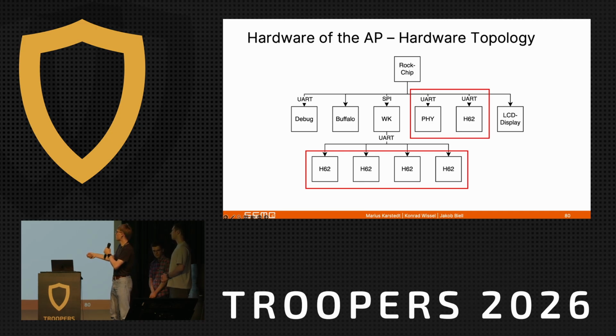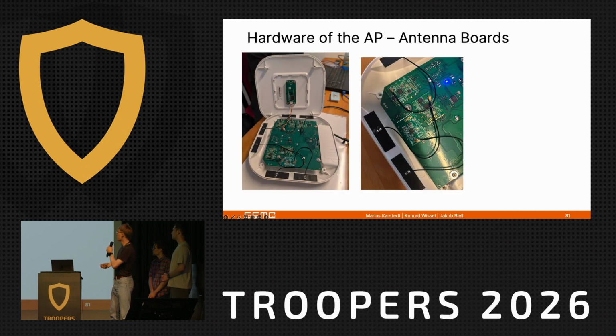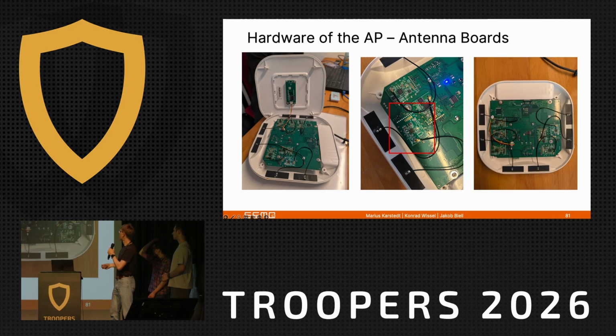This is this WK here. And then if you look at the board, these are the chips, and you see the black cables. These are the antennas, fixed in place with these black stripes. And you see six antennas.